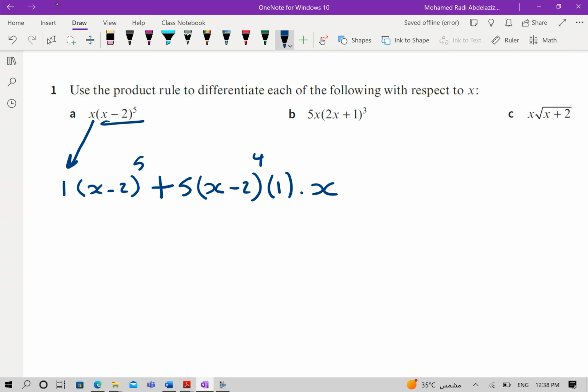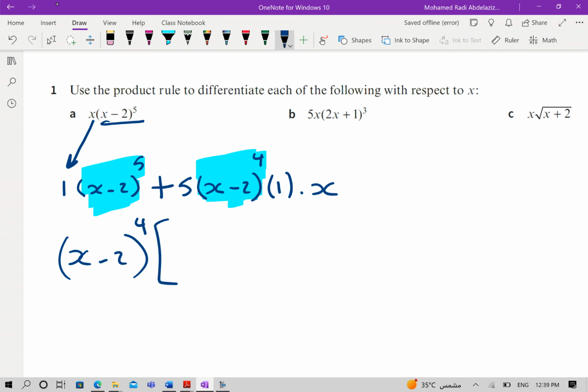Then we'll try each time to simplify as far as possible. How to simplify this expression, what is the common factor? Which will be the common factor, x minus 2 all to the power 4 or power 5? The lowest. x minus 2 all to the power of 4 is the common factor outside. If you take x minus 2 all to the power 4 outside, x minus 2 is left, power 1, plus 5x.